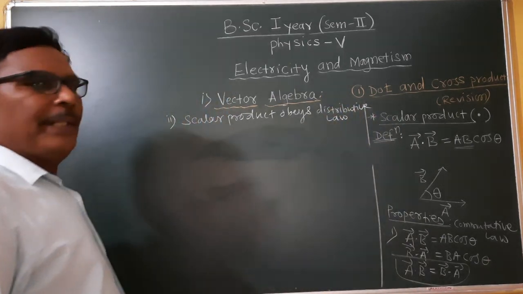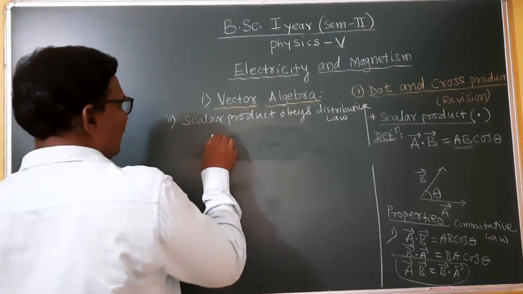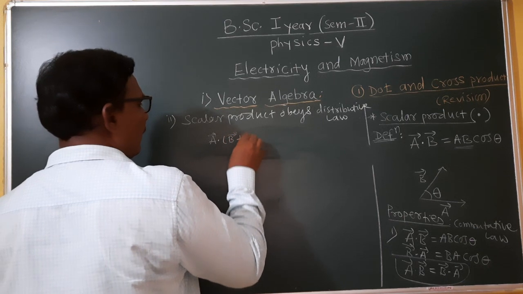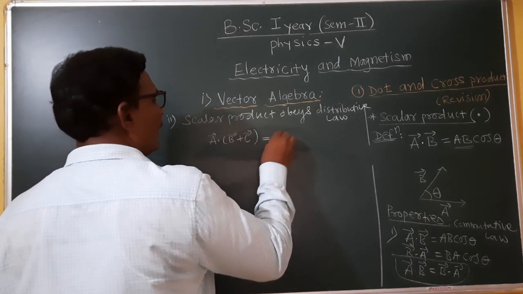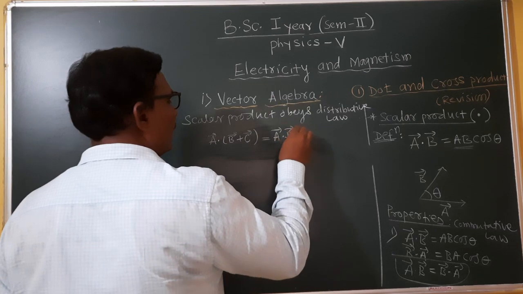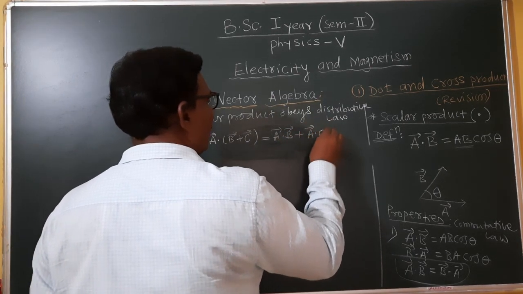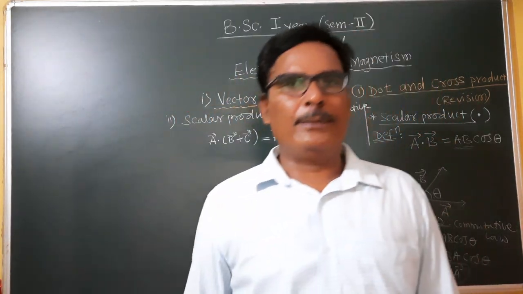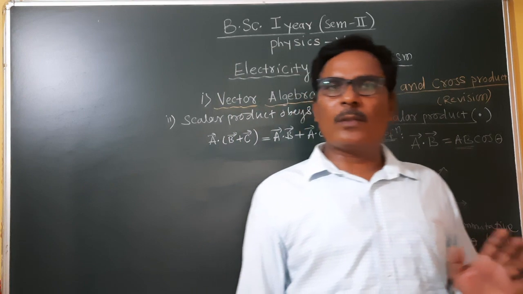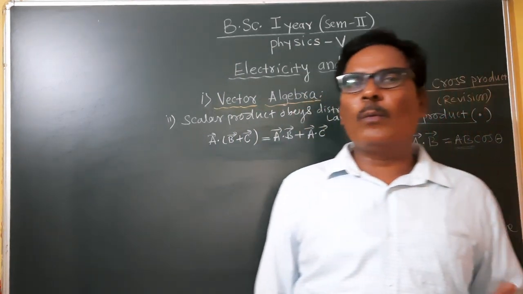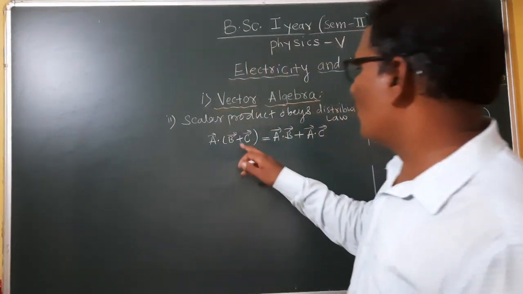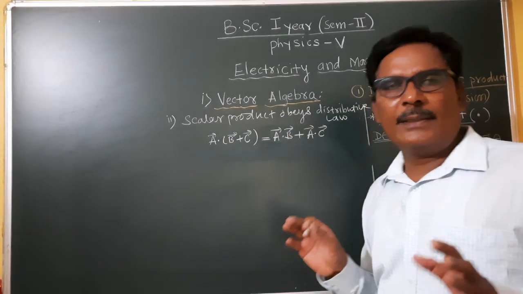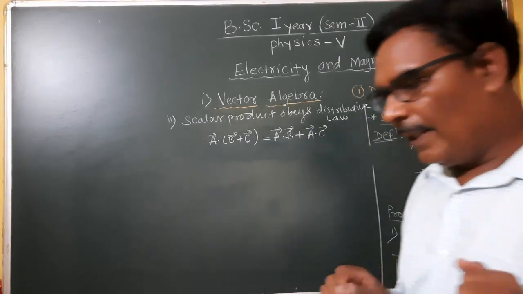That is, A bar dot (B bar plus C bar) is equal to A bar dot B bar plus A bar dot C bar. This is called the distributive law of vector multiplication. So the scalar product obeys the commutative law, and it also obeys the distributive law.